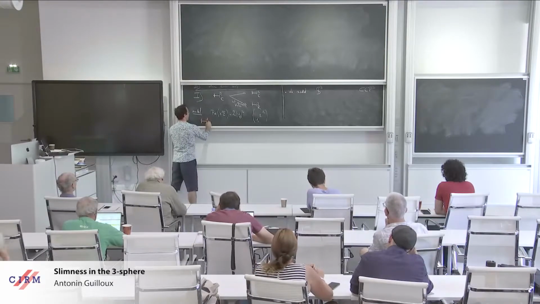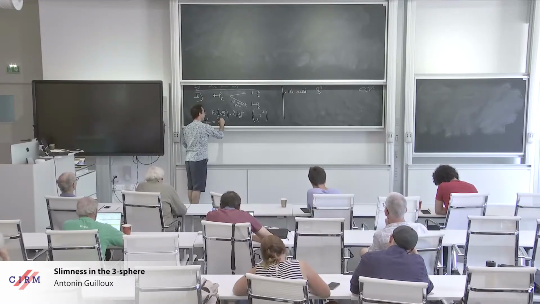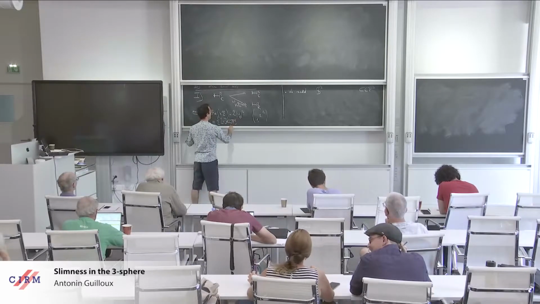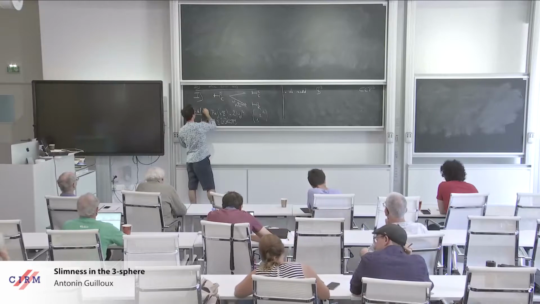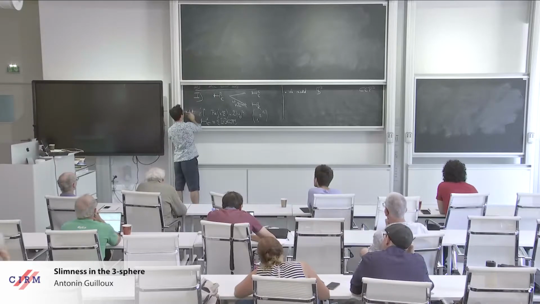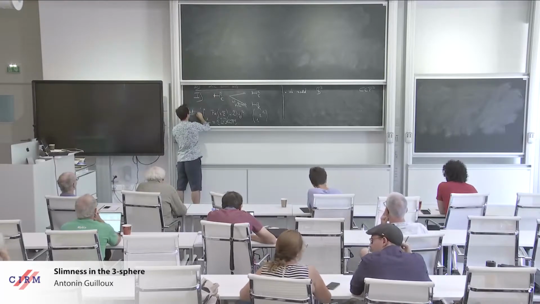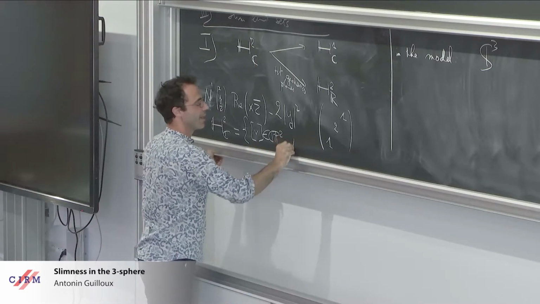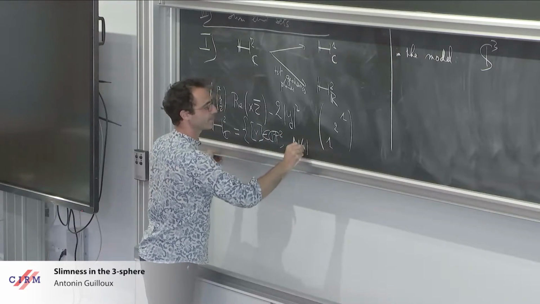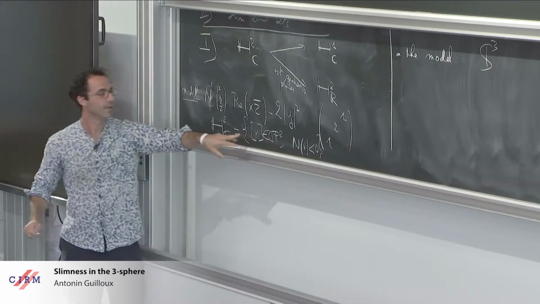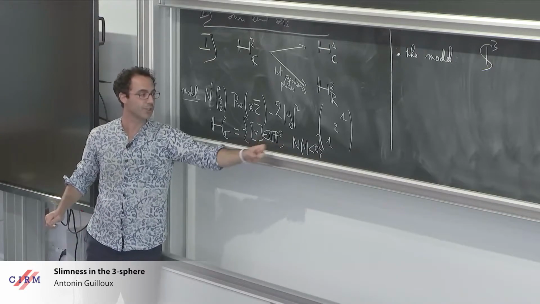H2C is identified, or maybe is defined, as the set of classes of vectors V in CP2 whose norm for this form is negative. This condition is well defined for a projective vector.